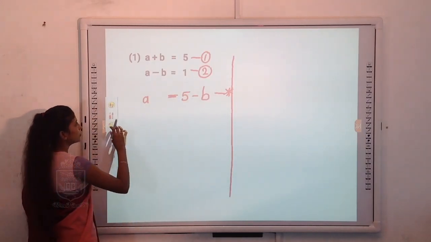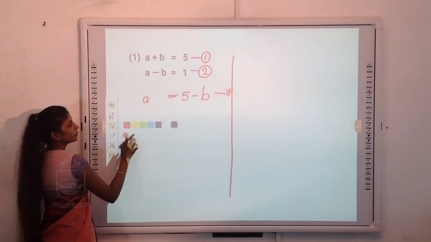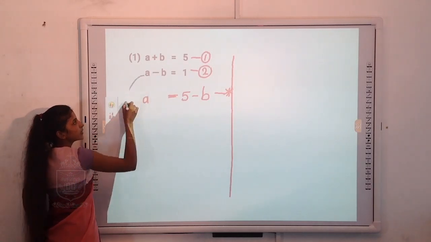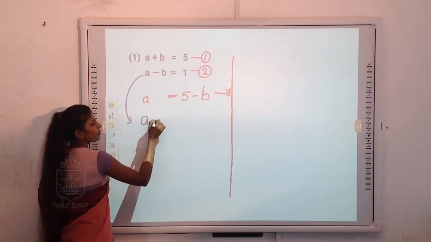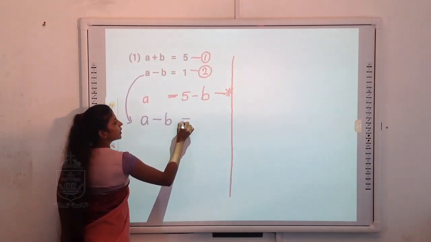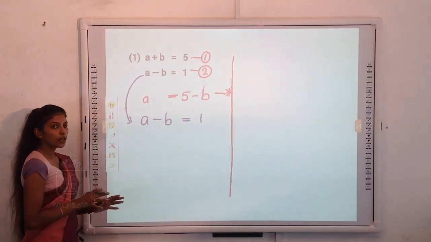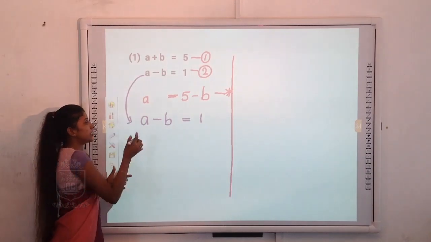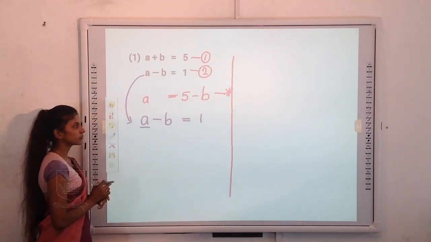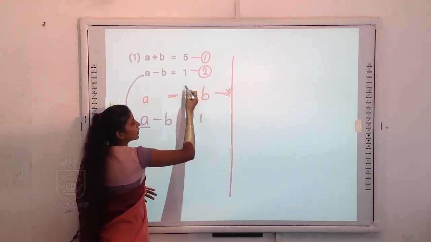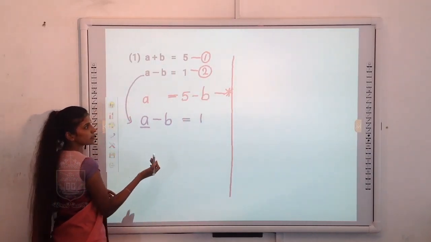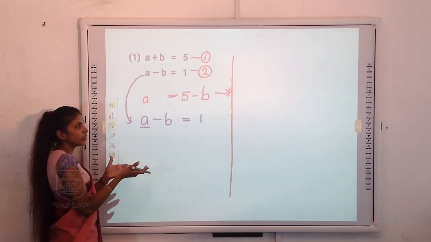So what I am going to do is consider the second equation now. Our second equation is A minus B equals 1. Now I am going to replace this A term with the term that I found earlier, that is 5 minus B. That's what you call substitution.